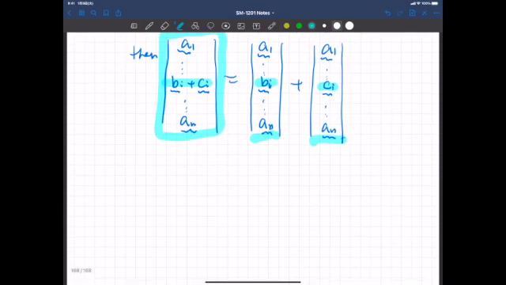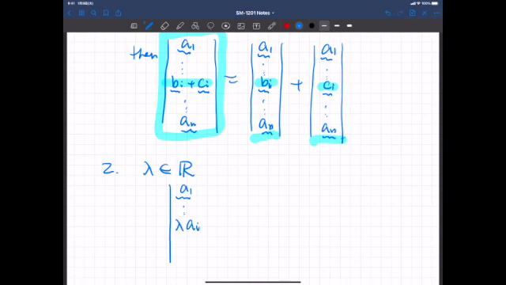And the second, if lambda is a real number, then the determinant of the matrix with rows A1, lambda Ai, AN, so only one of the rows is multiplied by lambda here, the ith row multiplied by lambda, is equal to lambda times the determinant with rows A1, Ai, AN.